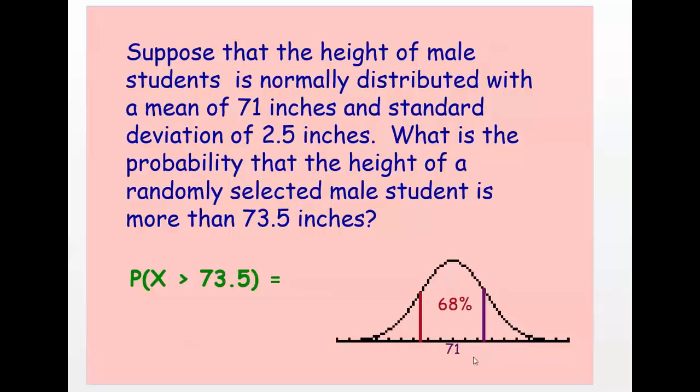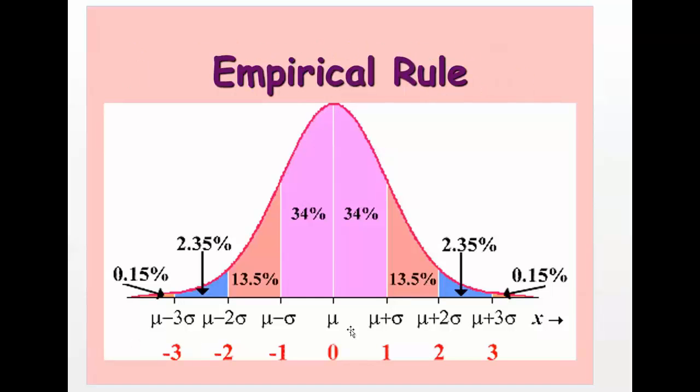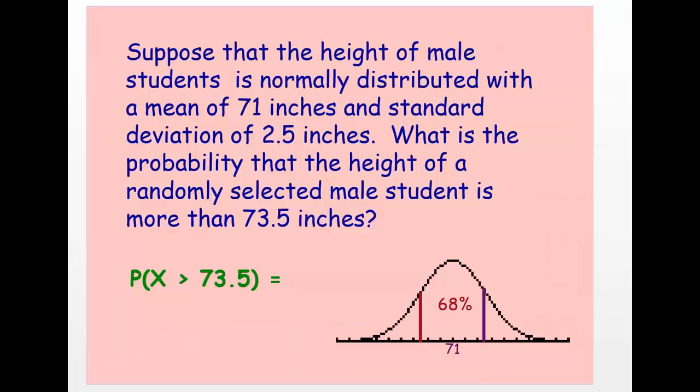So at one standard deviation away, I get 68% from it. I'm looking at this line right here, and we're asked about it being greater than this. So one thing I can do is add up all the percents to calculate that. So we want this part of our curve that we're trying to figure out.